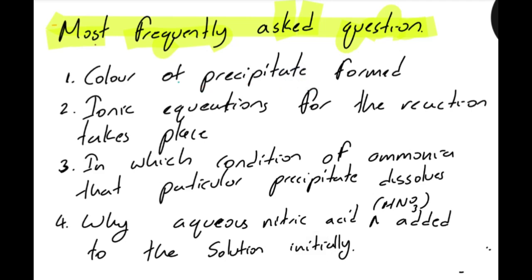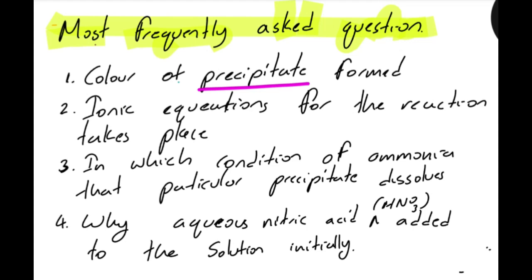You know this is actually an inorganic part in chemistry, so you have to study. After studying the colors of the precipitates, then the solubility of the precipitates in ammonia, you can answer this question easily.